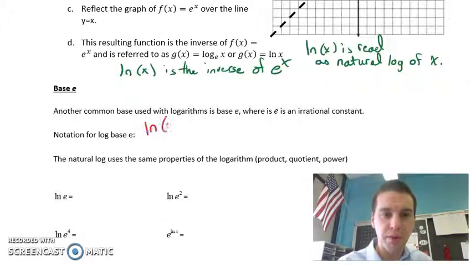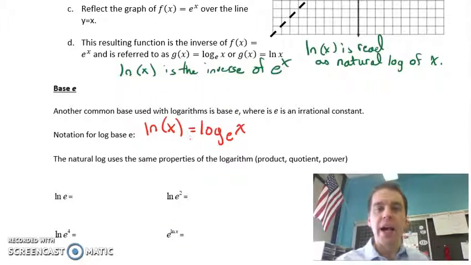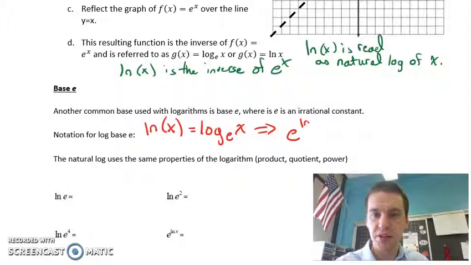We know from above that ln of x equals log base e of x. If we convert into exponential form, we know that e is the base. E to the log gives you exponents. So e to the ln of x equals x. Notice, and this is where everything starts to come together, e to the ln of x equals x.